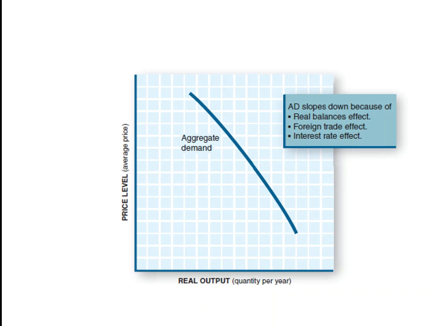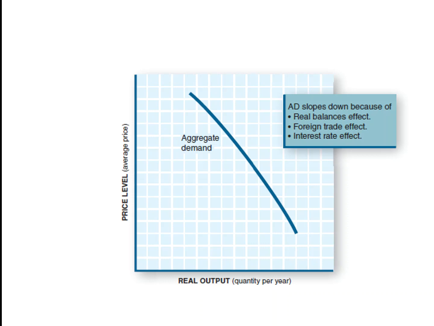And the third reason why the aggregate demand is downward is called the real interest rate effect. Since the price level goes down, the consumer has to borrow less, right? Because the price has already gone down, and you have a certain amount of income that never changes, you can buy more products, or you can afford products that used to be expensive.